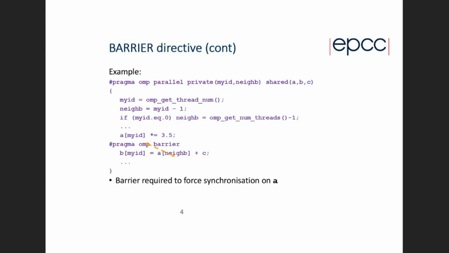So inside a parallel region, every thread reads its own thread ID. It calls OMP get thread num and stores that in my ID. And then every thread has a notion of its neighboring thread. So my neighbor is, say, my ID minus 1, except if I'm thread 0, then my neighbor is the last thread.